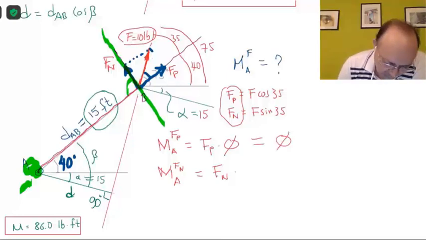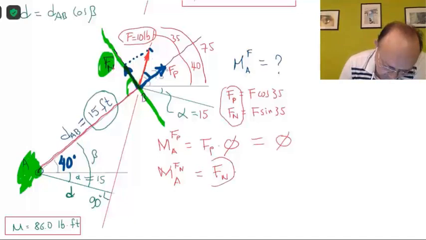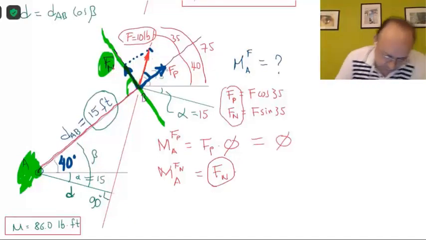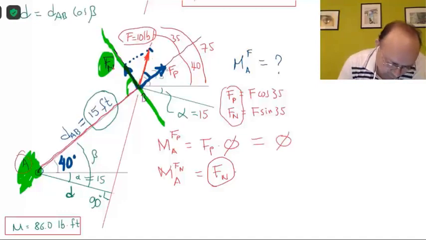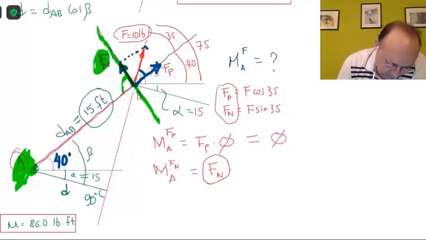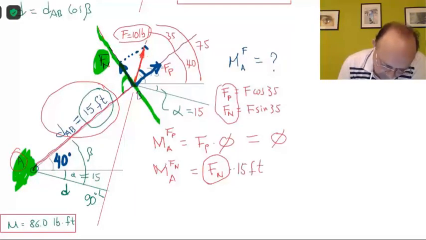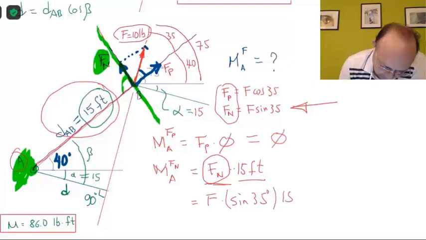So that angle is 90 degrees. So in order to calculate the moment of Fn with respect to A, we have the force Fn already, multiplied by the distance measured perpendicular from point A to the line of action of Fn, which is this 15 feet. 15 feet. And what is Fn? Fn, we had it from here, is F multiplied by sine of 35 degrees, multiplied by 15 feet.